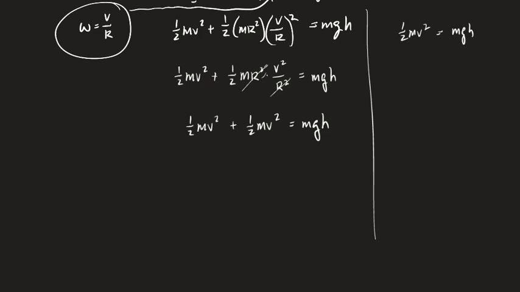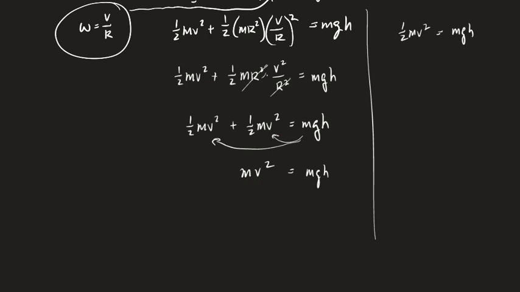Now you'll notice this one doesn't have the 1/2 here, right? Because we added the moment of inertia and we have two forms of energy. So the energy is being split up into two places. This is why an object rolling is often going to be slower than an object that slides without friction. Because the energy gets divided up into one part translational and one part rotational.